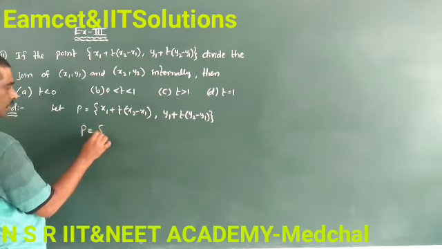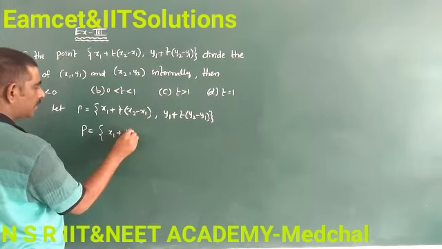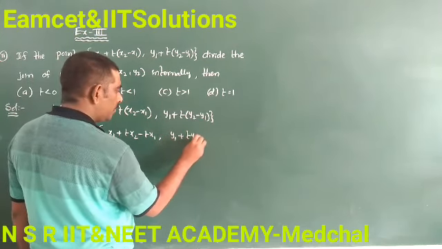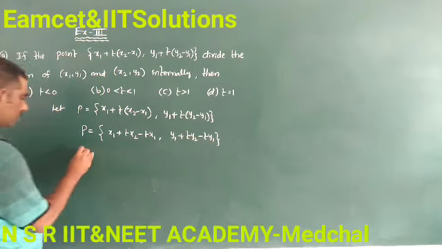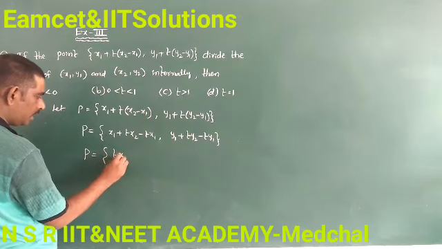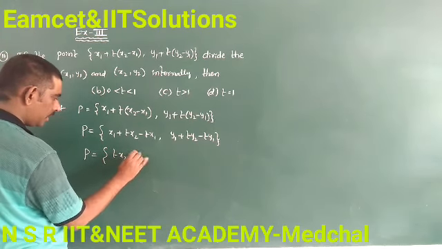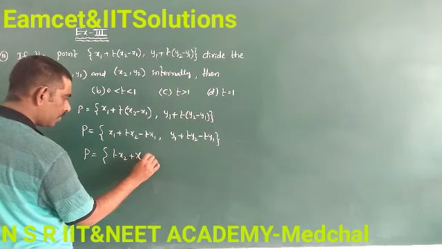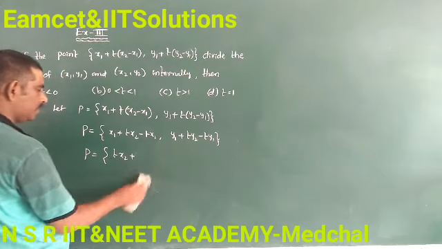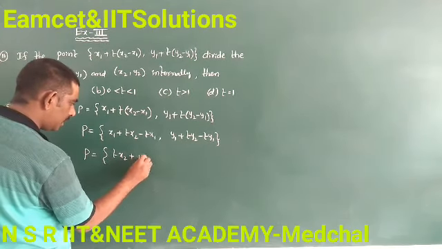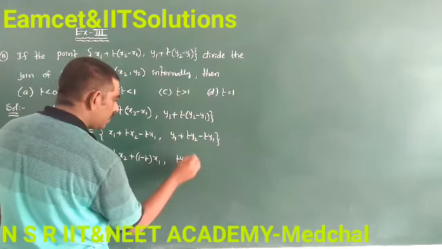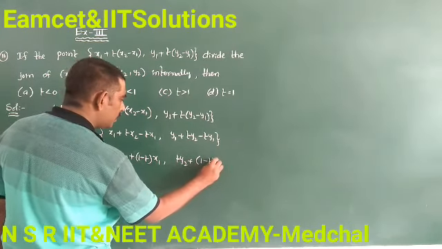So p is equal to t x2 minus t x1, next here also t y2 minus t y1. So p is equal to, taking x1 as common, t x2 plus x1 into (1 minus t). Next, t y2, taking y1 as common, (1 minus t) into y1.